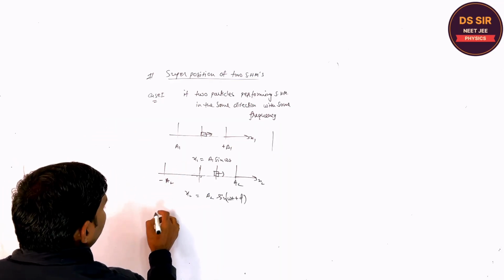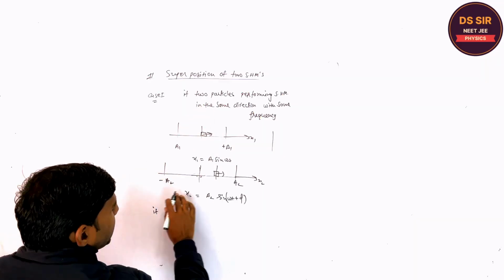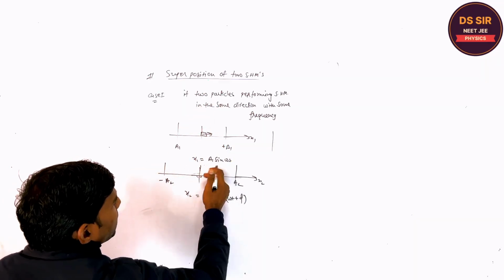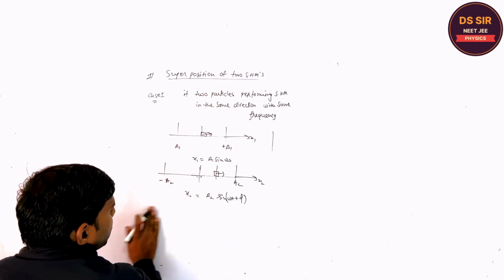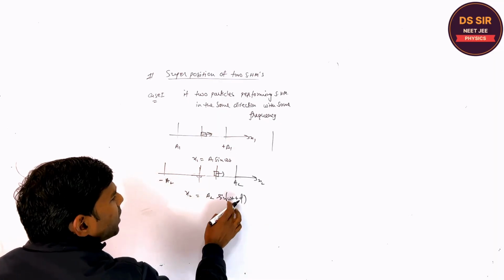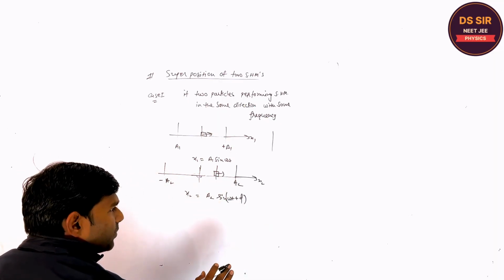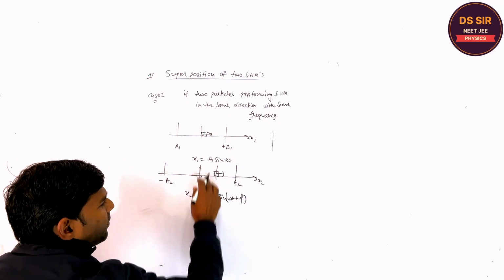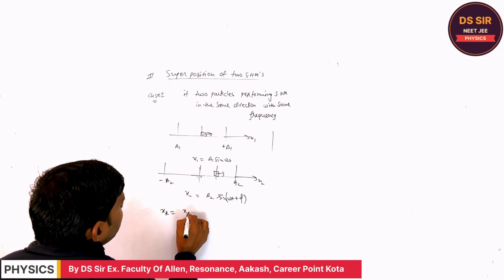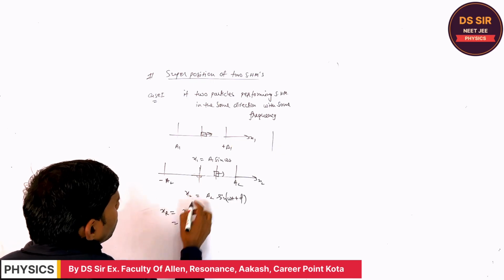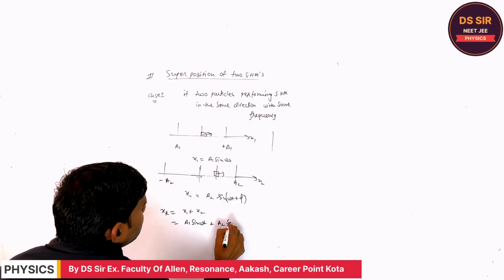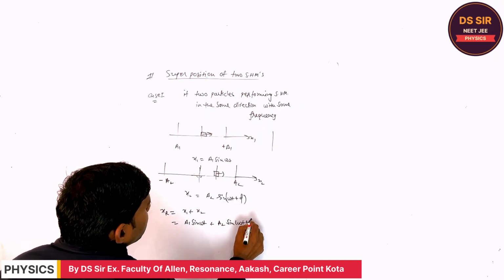If two SHM are superimposed in the same direction and the frequencies are same, the resultant motion will also be SHM, and the resultant motion will be x1 plus x2. That is a1 sine omega t plus a2 sine omega t plus phi.